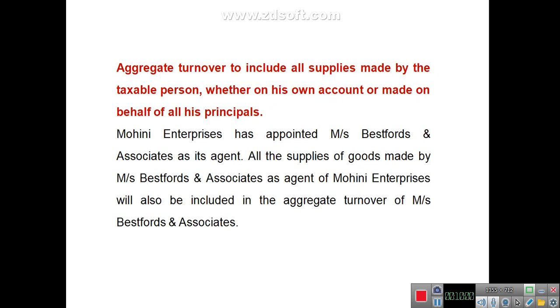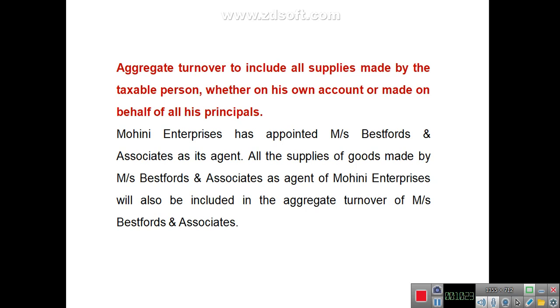Aggregate turnover includes all supplies made by a taxable person, whether on his own account or made on behalf of his principals. So even if the supply is made on behalf of the principal, the turnover of the agent will also be included in the aggregate turnover of the principal.